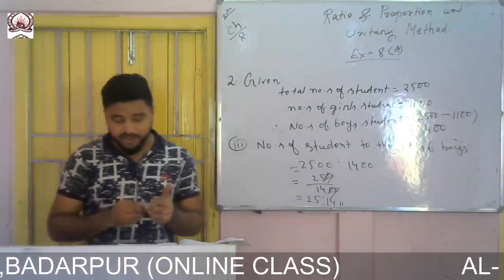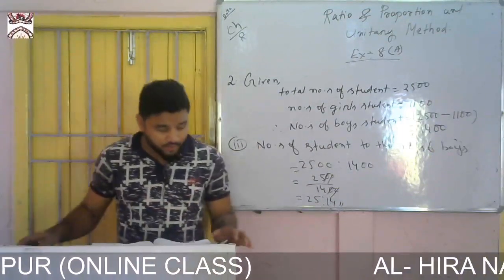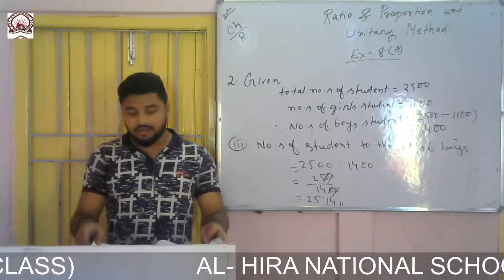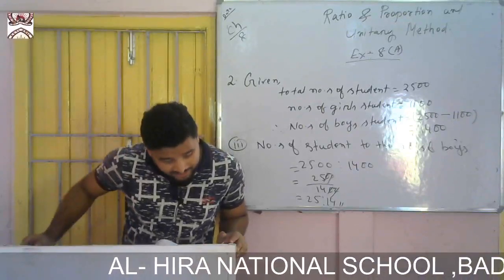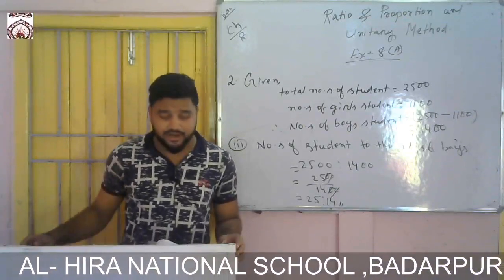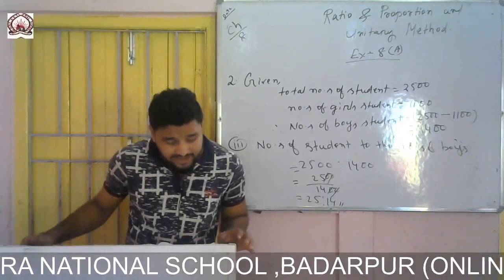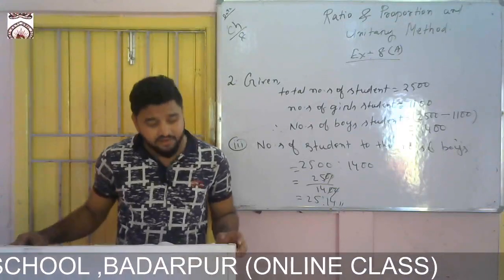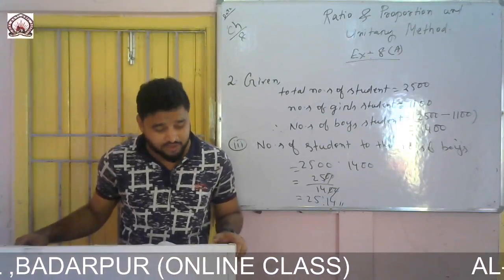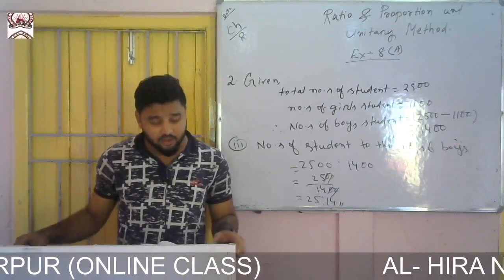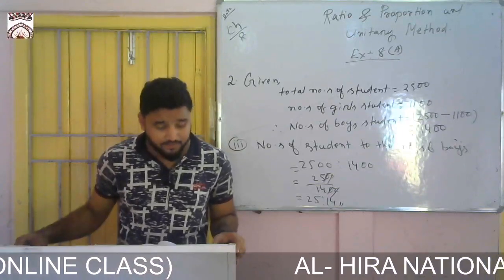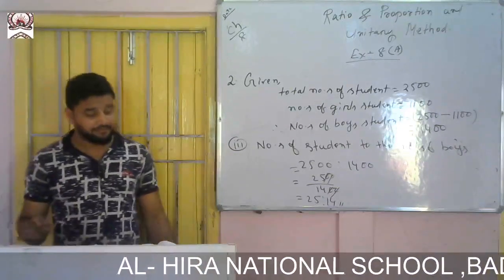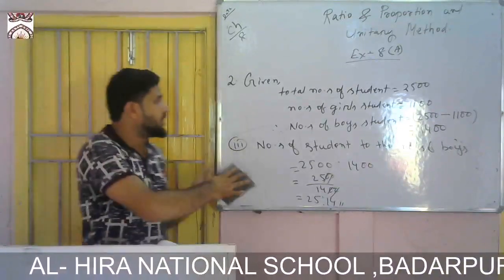Okay. Now come to question number 3. The given figure shows a small garden. The shaded area is reserved for planting flowers and the rest of the area is for grass. Find the ratio of the area of the garden reserved for planting flowers to the area reserved for the grass.